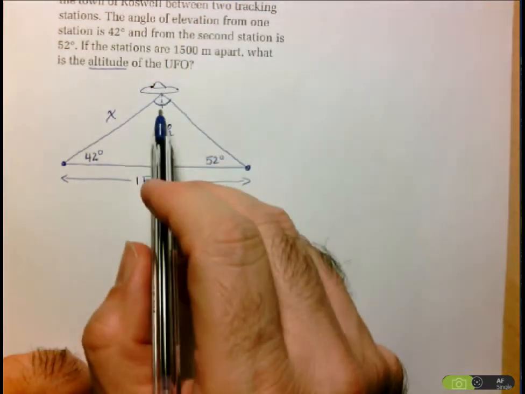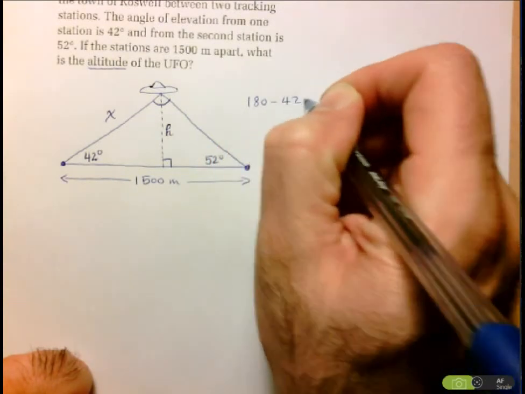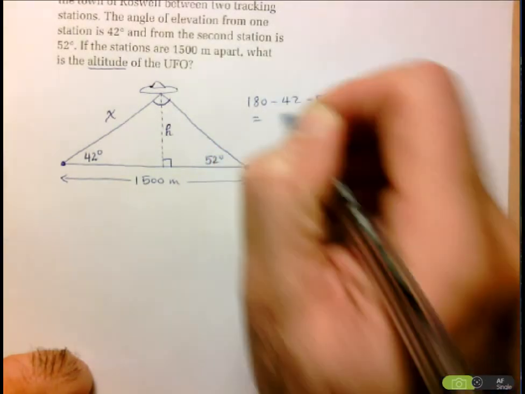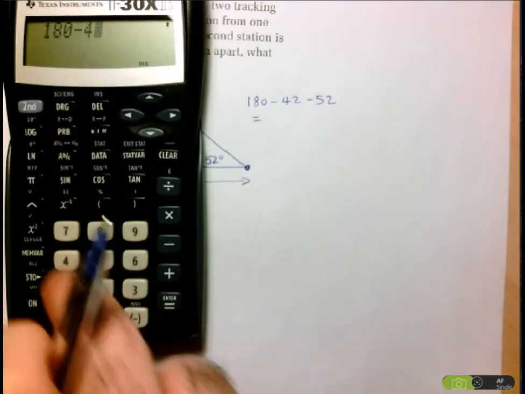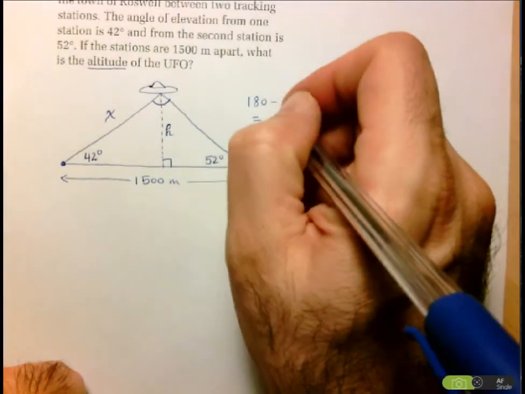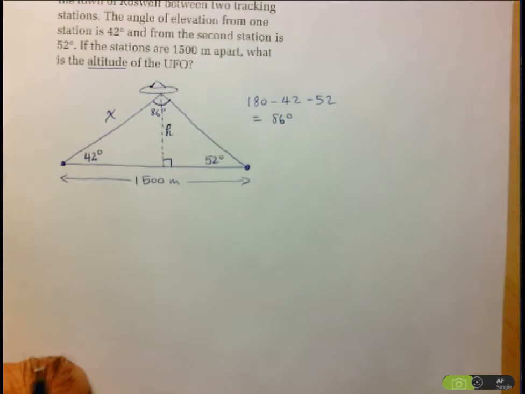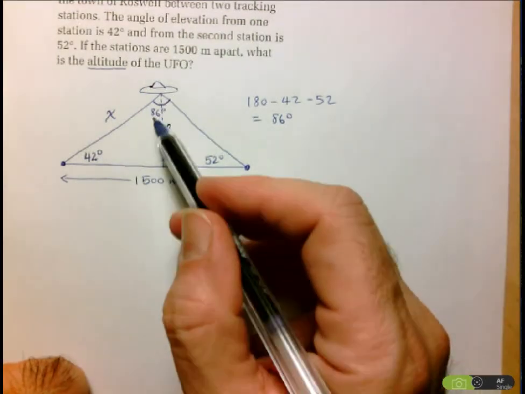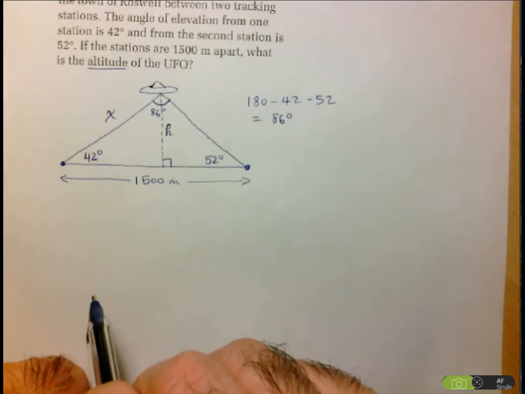So that angle there will just be 180 minus 42 minus 52, which equals 86. So this here is 86 degrees.